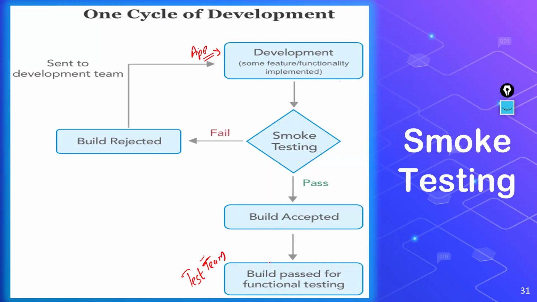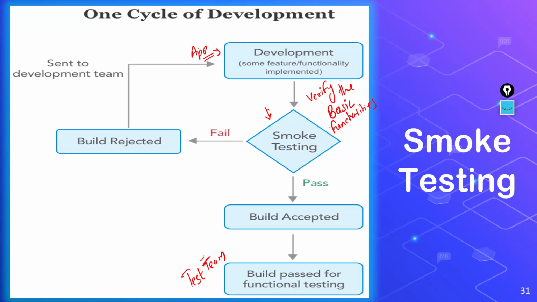But what happens is, before the test team starts doing any testing on that particular application, there will be a smoke testing, which is primarily to verify the basic functionalities. Now, what are the basic functionalities?